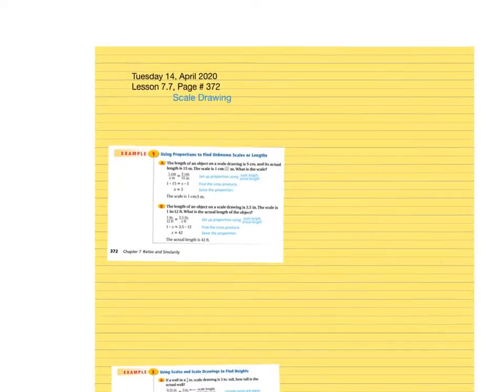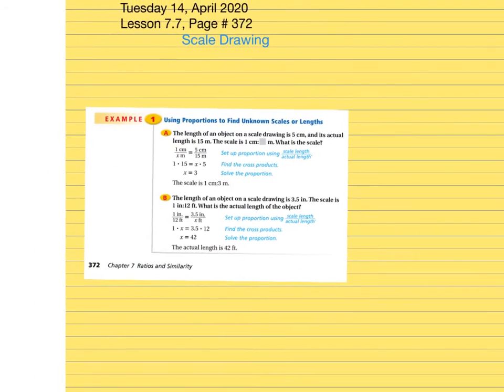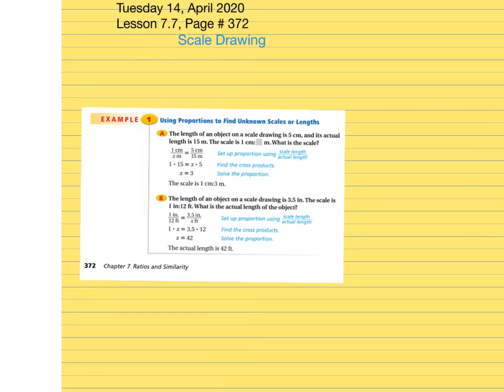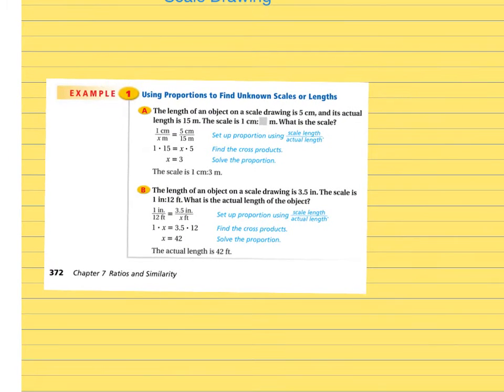Thinking on that, let's try to solve the first exercise on page 372. It says, using proportions to find unknown scale or length. The length of an object on a scale drawing is 5 centimeters, and its actual length is 15 meters.